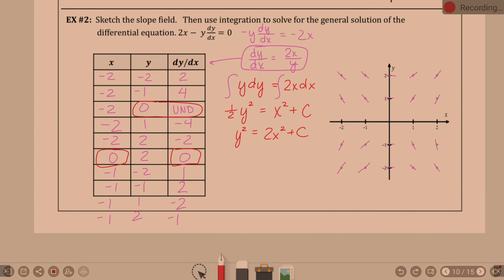And I guess here's the deal: notice, how much pre-calc and trig do you remember? If I would have solved this and gone y squared minus x squared, go back to the conic sections chapter from January of last year. Y squared minus x squared is a hyperbola, which is the two curves that could either go like this or like this, or our reciprocal function is the one at an angle, right?